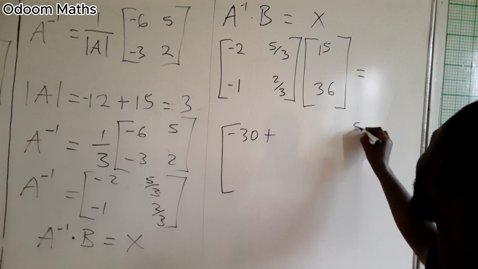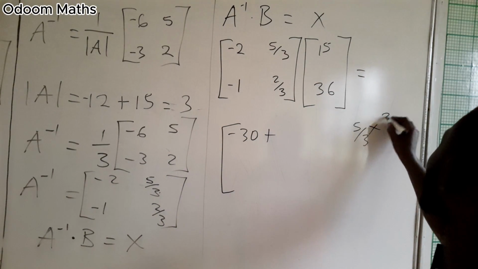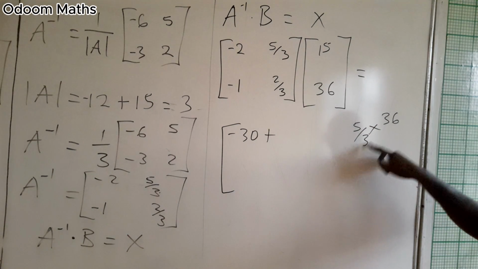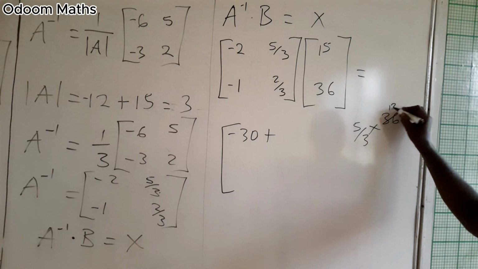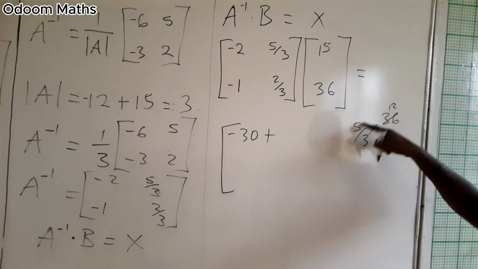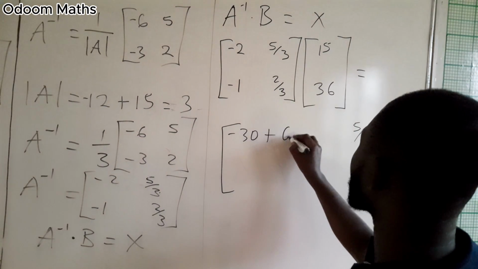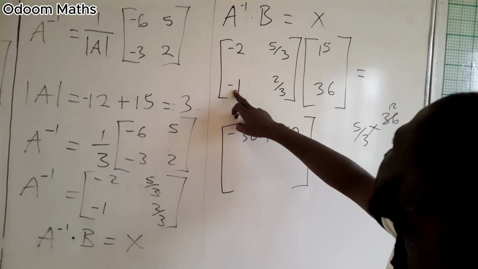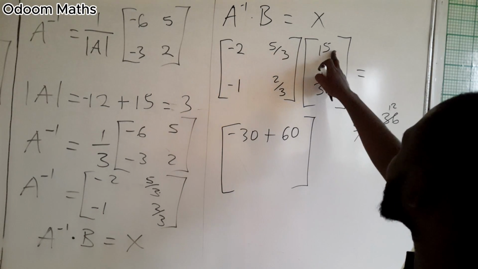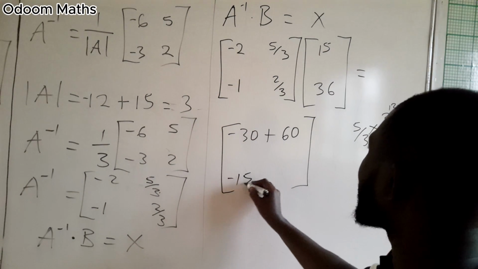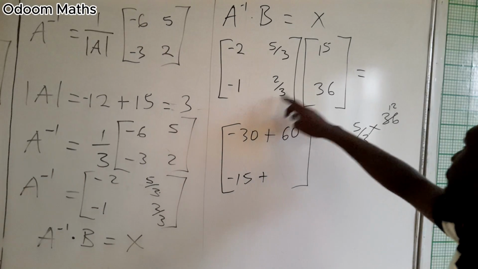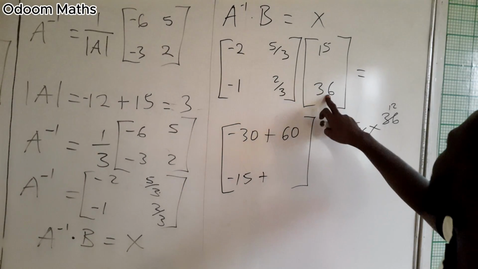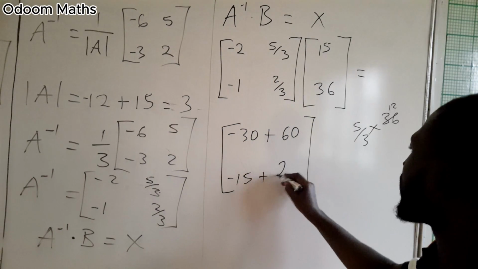5 over 3 times 36, and 3 can divide 36 twelve times. 5 times 12 is 60, so that is 60. And then negative 1 times 15 is negative 15, plus 2 over 3 times 36. So 3 into 36 is 12, times 2 is 24.